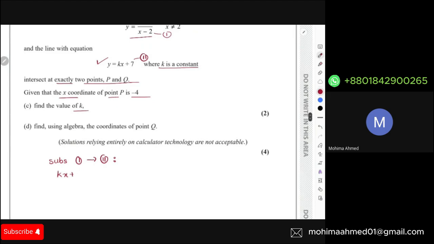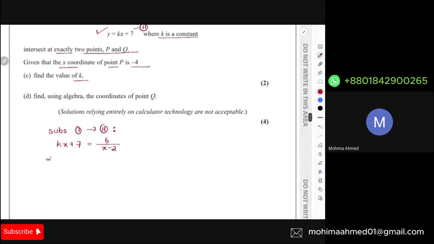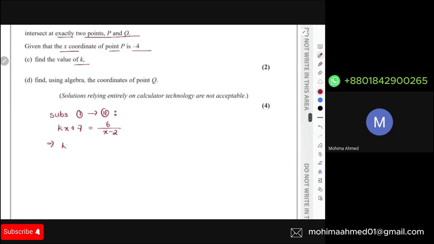kx plus 7 is equal to 6 over x minus 2. So if you simplify it, you have kx squared minus 2k minus 7x minus 14 equals 6.